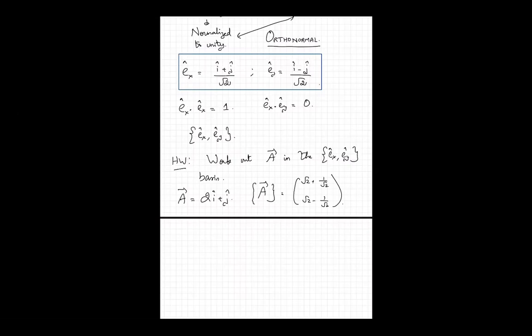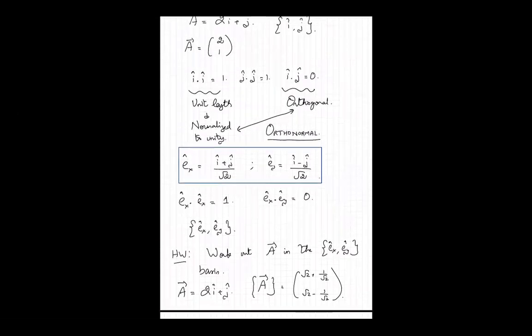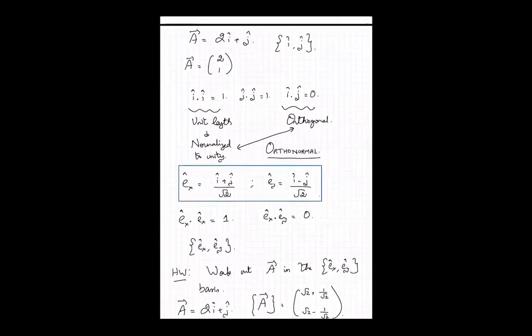Now the most important lesson is this: a vector is a vector is a vector. I am not changing the vector at all. I am simply using a different basis set to express the exact same vector. The vector doesn't change. But if I express the vector using the ij basis, the components of the vector are 2 and 1.